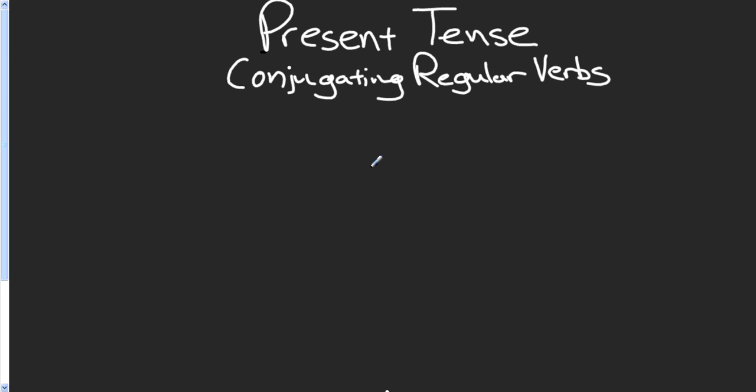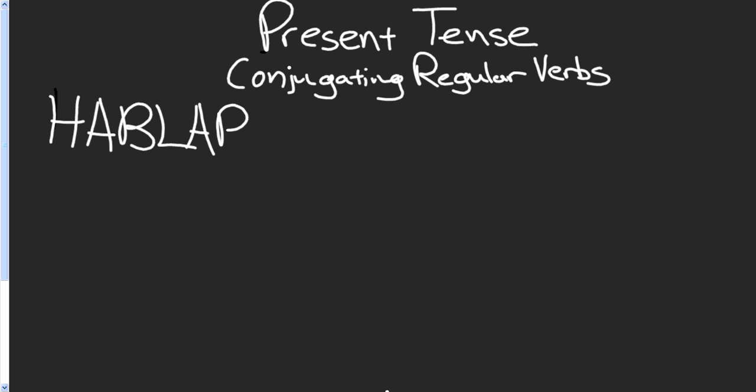Okay, and so the first thing we really need to talk about is what conjugating is, what this term even means. Because we have all these verbs in Spanish, like hablar, and hablar means to speak.